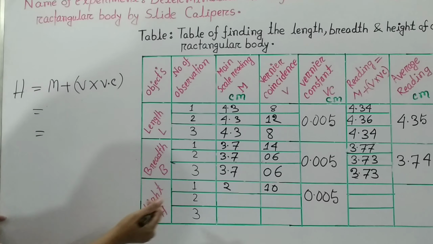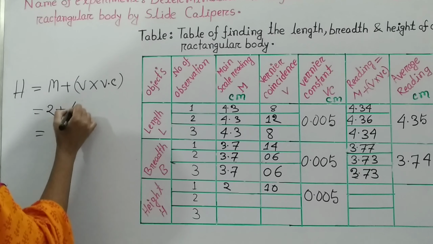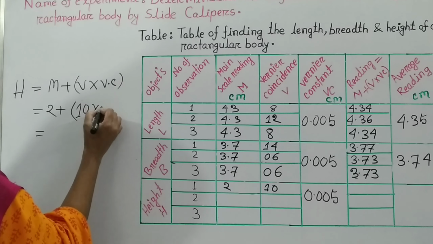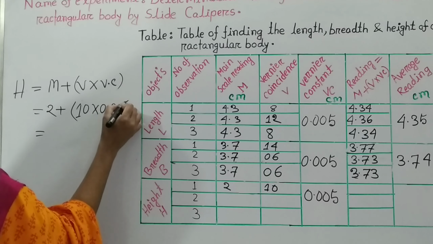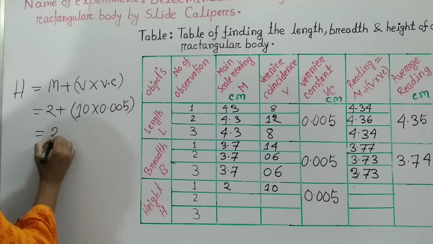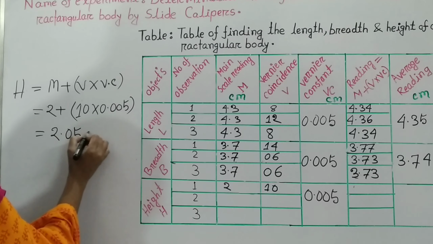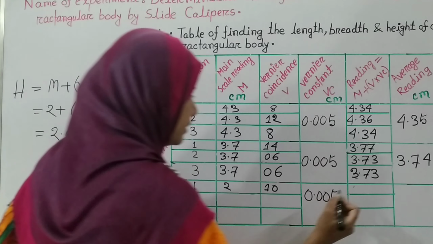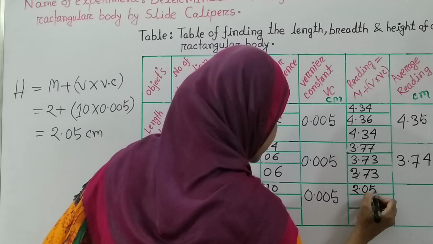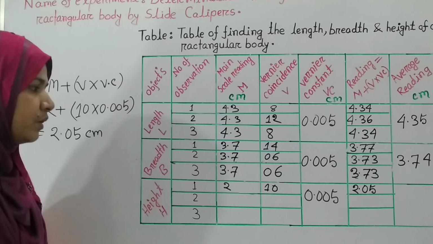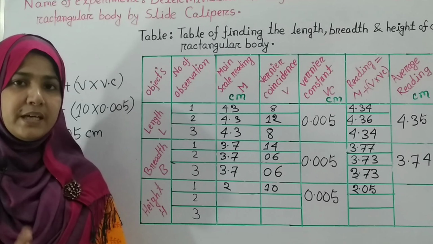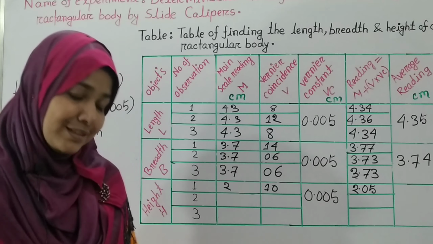So now I am going to calculate the reading of height. Here the main scale reading is 2 plus vernier coincidence 10 into 0.005. After calculating it, you will get the value 2.05 centimeter. That means the value of height will be 2.05. Now I am going to follow the same procedure again. Is there any change or not? This time there is no change.